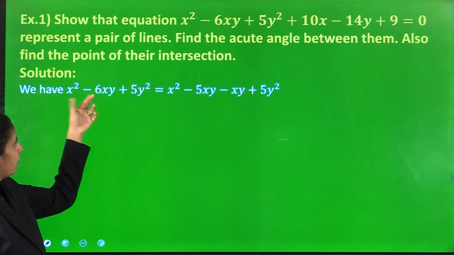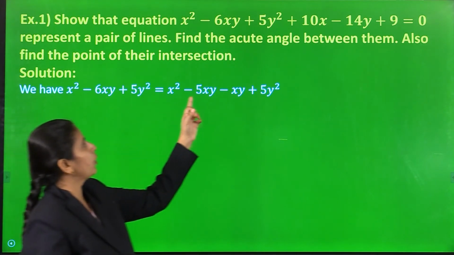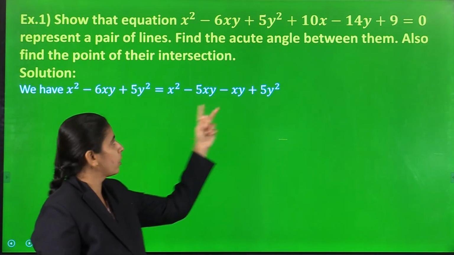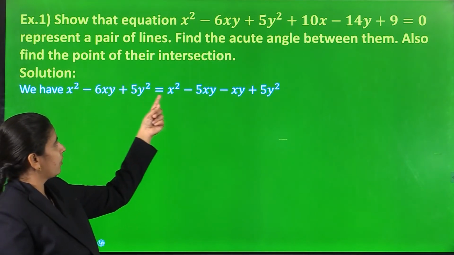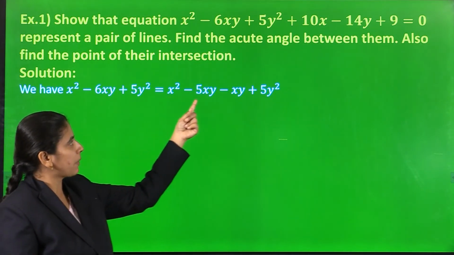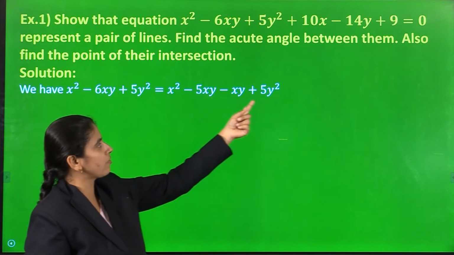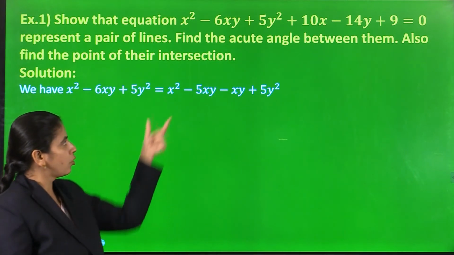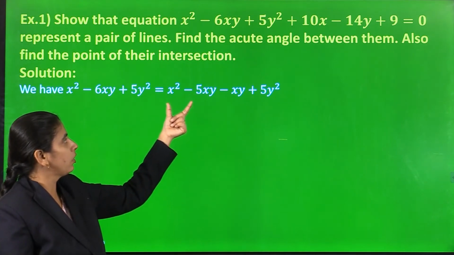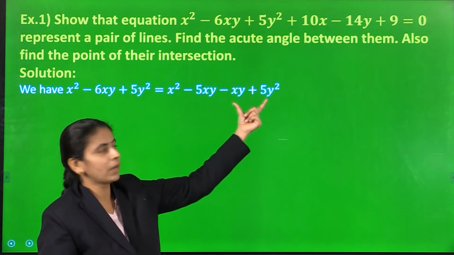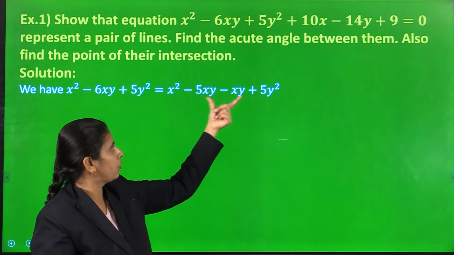Okay, we split this 6xy as 5xy plus xy, so x square minus 6xy plus 5y square is equal to x square minus 5xy minus xy plus 5y square. Now from the first two terms you can take x common, and from the last two terms you can take y common.